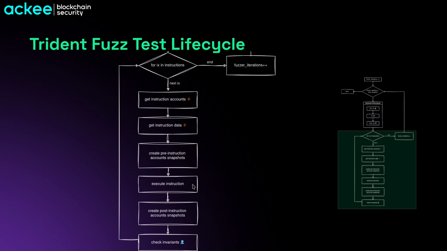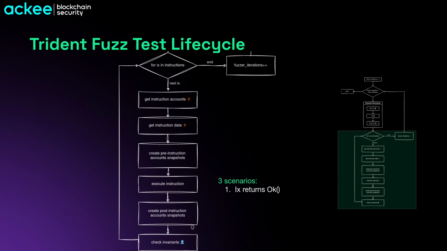And here we have three scenarios. The first scenario is that the instruction is executed correctly and returns the OK result variant. In that case, we are expecting that some of the accounts were updated, because the program has to write back to the mutable accounts.